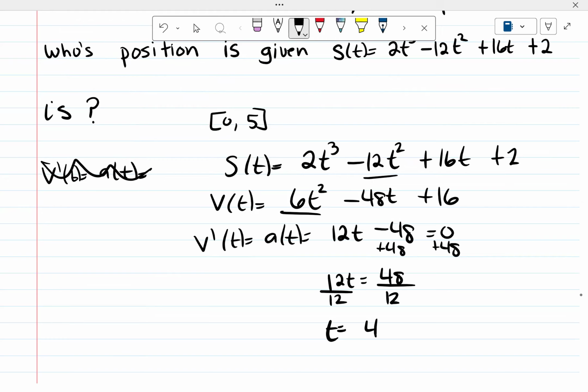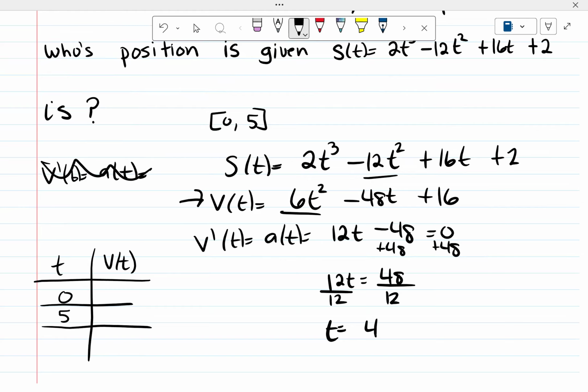So if you make our table, this is your t and this is our v of t. So this is our v of t right here. So be careful. We're going from 0 to 5, so we're going to do 0 and then 5, and then we're also going to use 4 because that's the critical value.